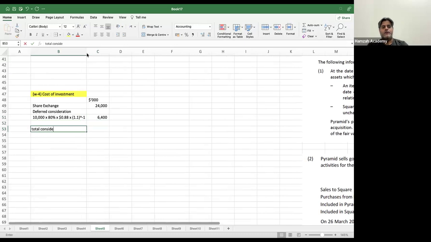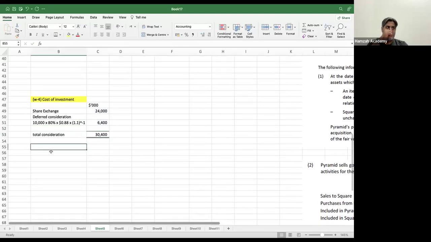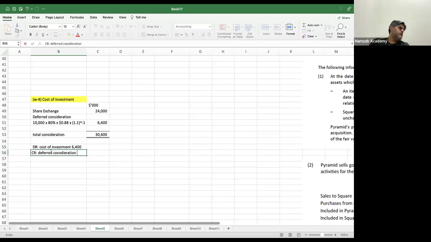So total consideration is 30,400. As far as the recording is concerned, we are going to debit the cost of investment with 6,400. We are going to credit the deferred consideration over here with 6,400.